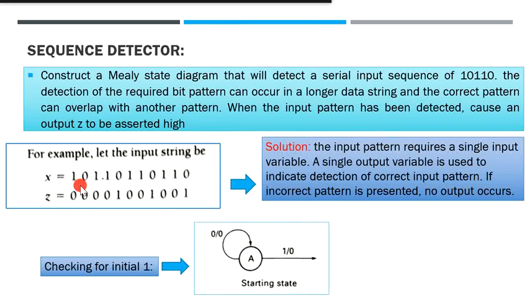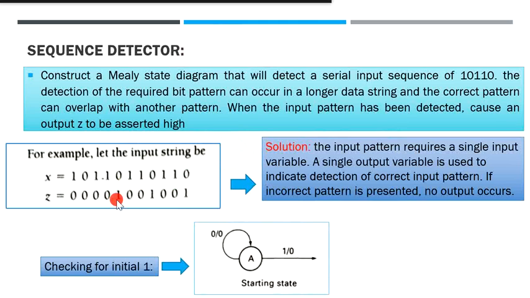The input sequence is considered to be 10110110, and then we have the output; this is just an example which has been taken. From this example itself, we know that the serial input sequence is 10110. Once the sequence is detected, Z, that is the output variable, will be equal to logic 1.